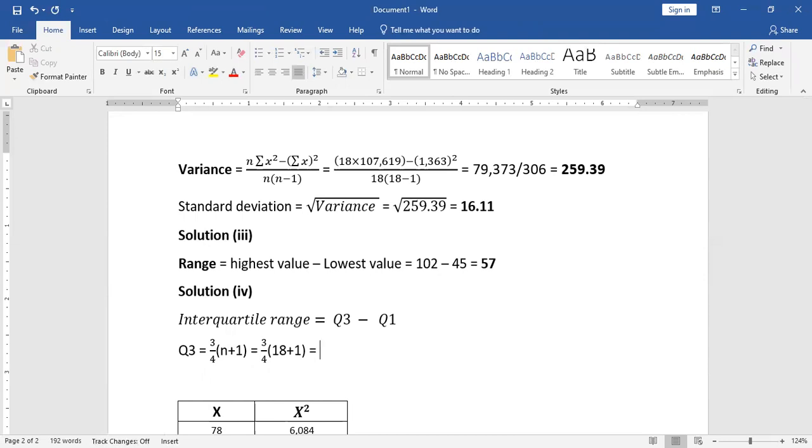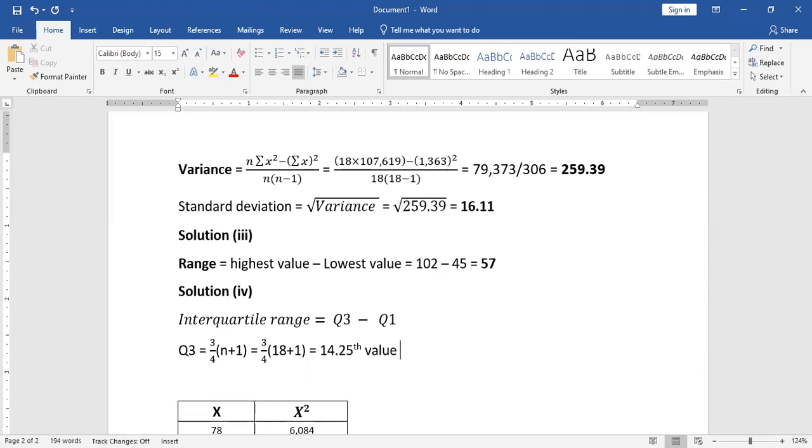So 18 plus 1, that's 19. 19 multiplied by 3, divide by 4. 14.25. So literally when we round off, that's the 14th value.